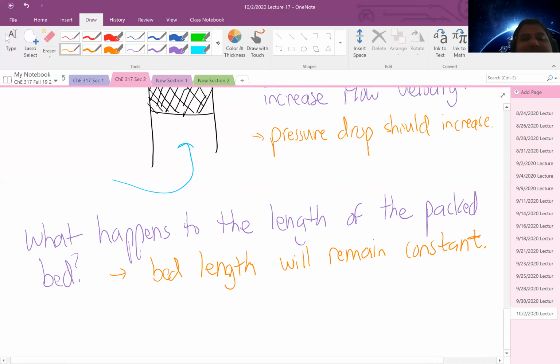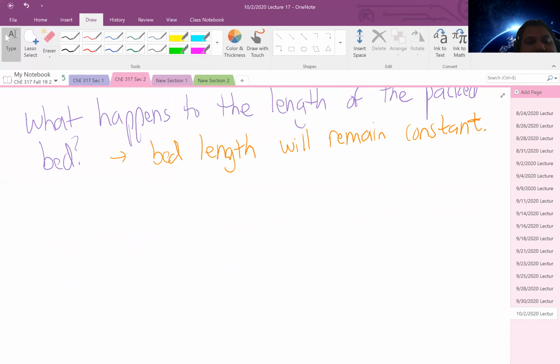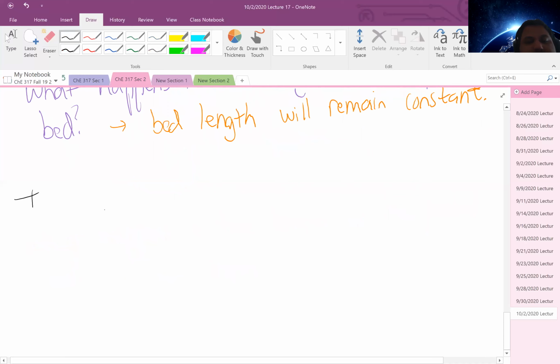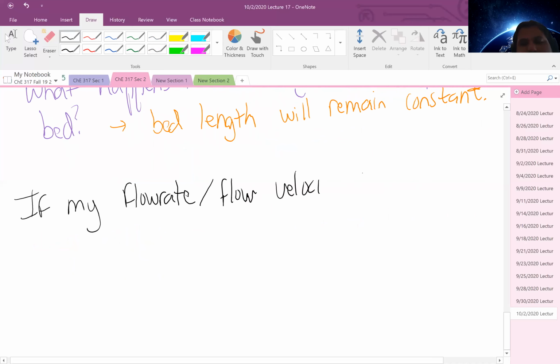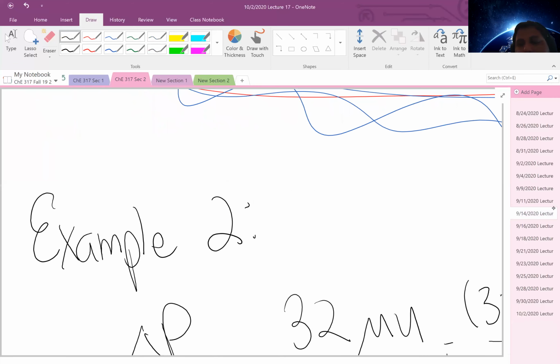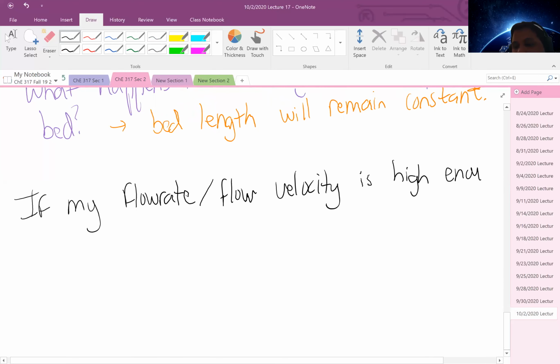Now, if my flow rate or flow velocity is high enough, here I'm going to have to do this because I keep clicking into other lecture days.